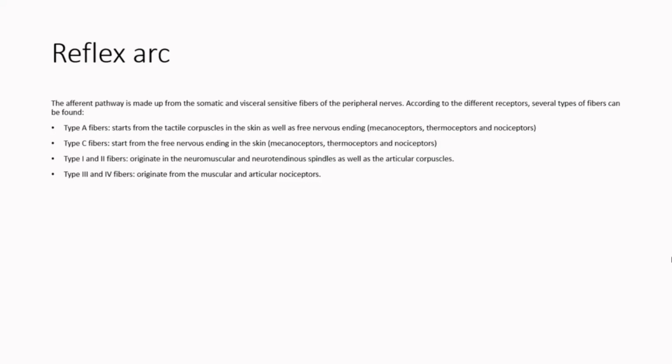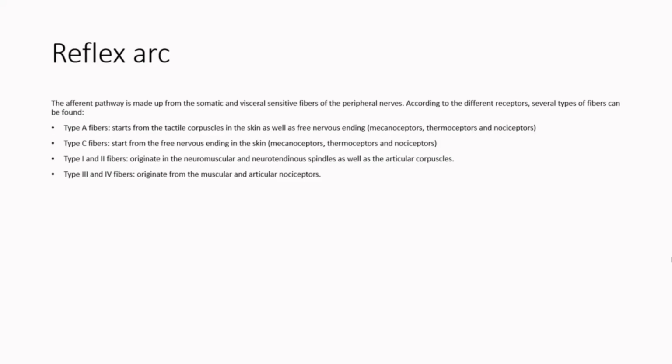So we talked about the receptors, right? The next thing was this afferent pathway, and this afferent pathway is the somatic and visceral sensitive fibers of the peripheral nerves. Here we can find different types. Type A fibers start from the tactile corpuscles in the skin, but also the free nervous endings.